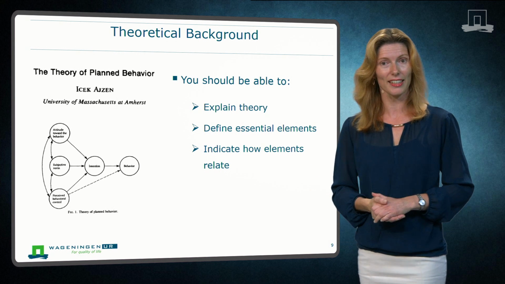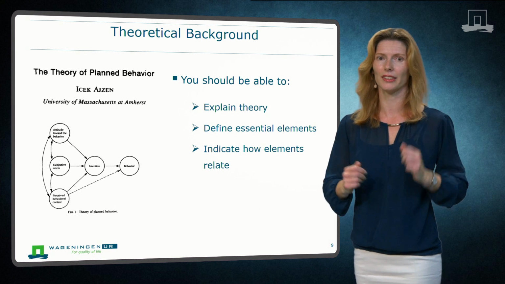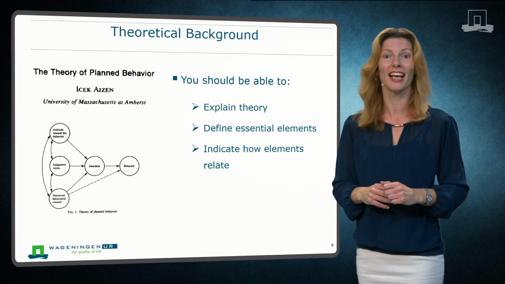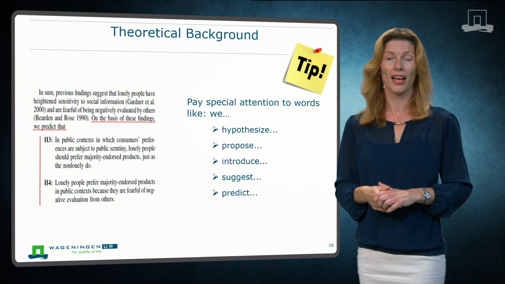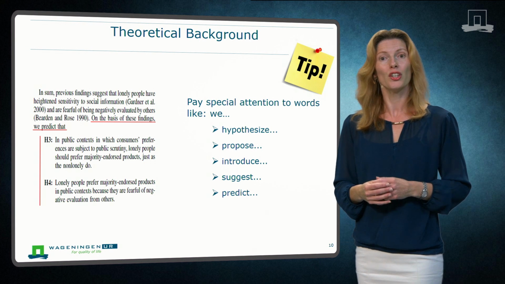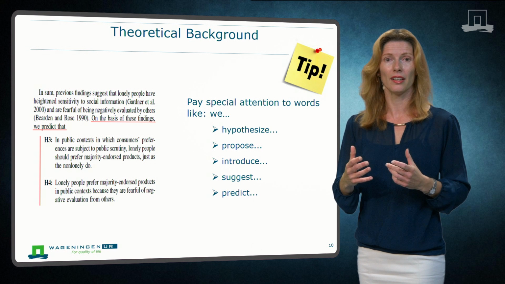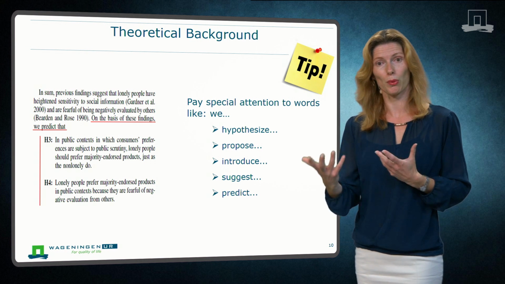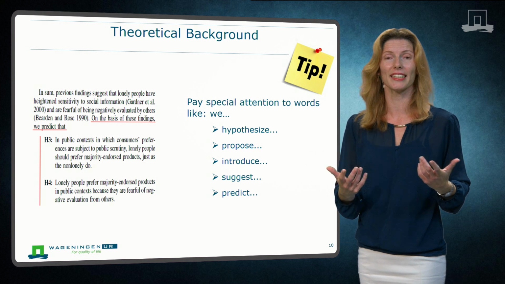After having read this article, you should be able to explain the theory, including the definitions of its main elements, and how the elements relate to each other. As a final recommendation for reading the conceptual framework, you would do well to pay special attention to sentences like we hypothesize, we propose, we introduce, we suggest, we predict, etc.